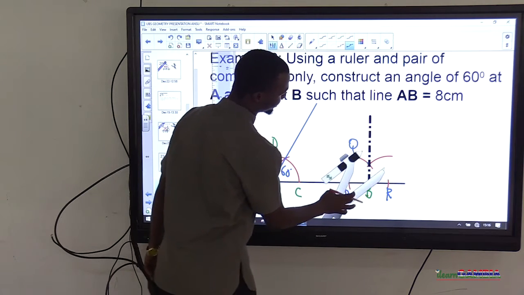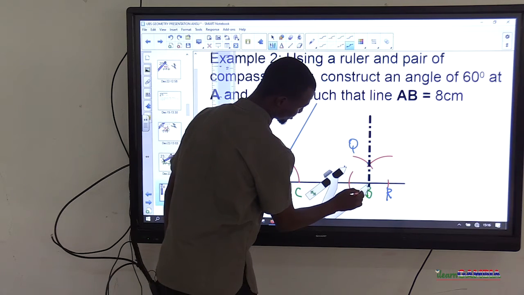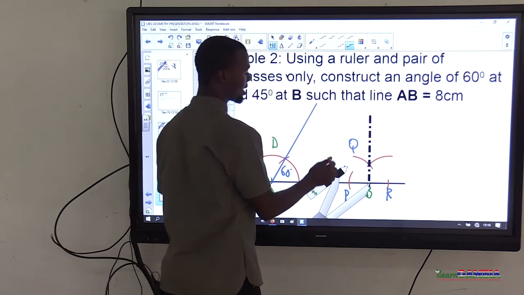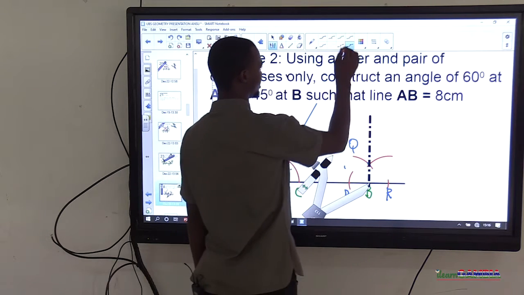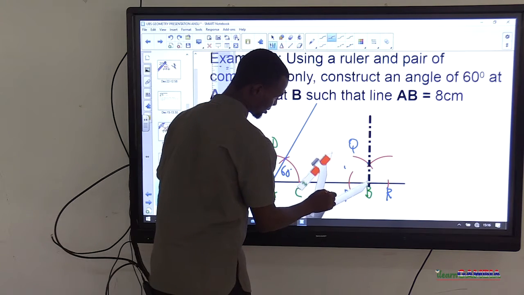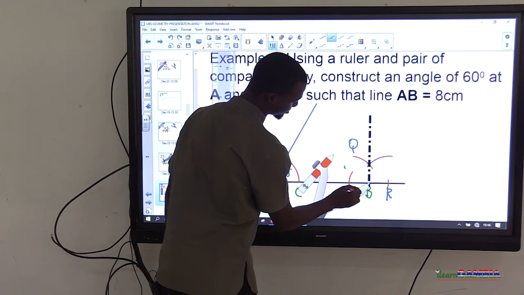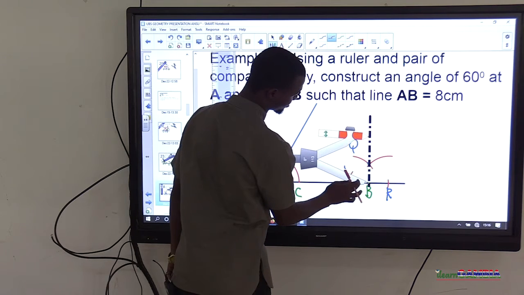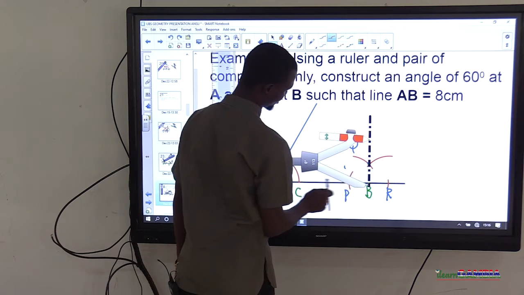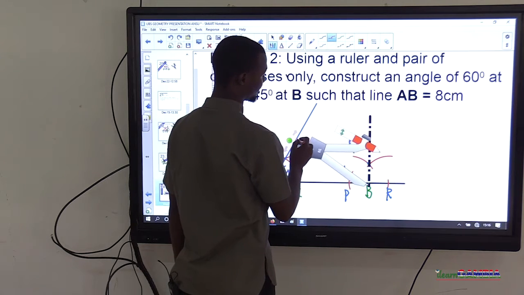We draw arcs. We stand at B. Draw arcs on the line, open to any convenient radius. We draw arc on the angle, any convenient radius.